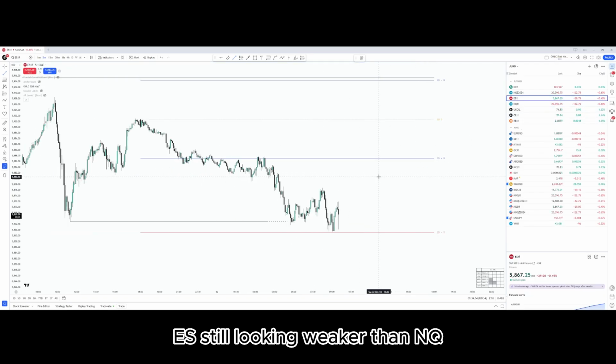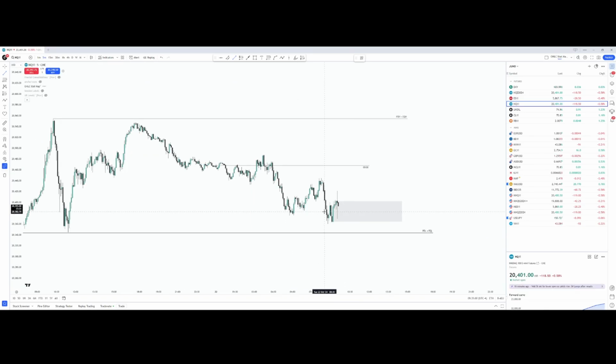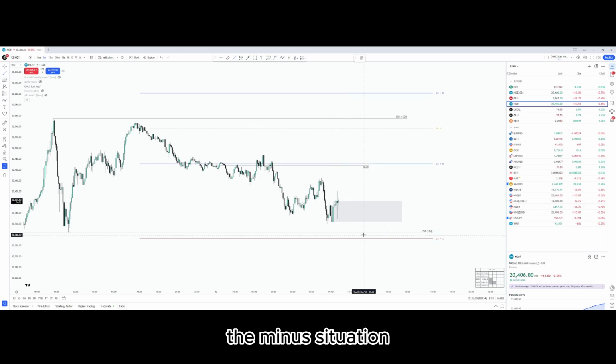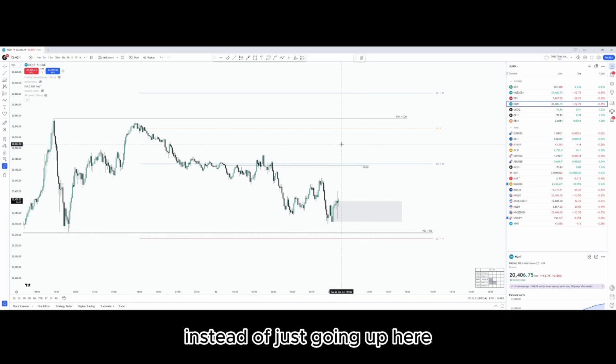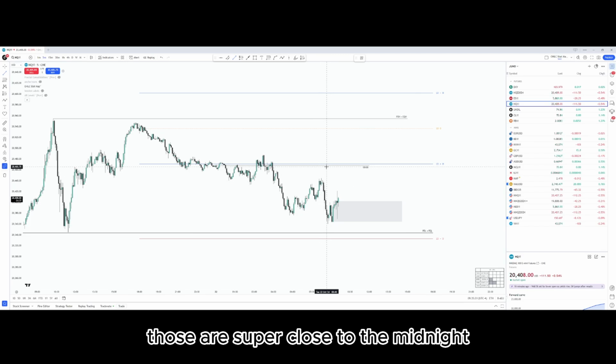Yes, still looking weaker than NQ. I still prefer price to get back into the minus distribution instead of just going up here, because if it starts going up here, I just need to use one of these candles for my breaker, and those are super close to the midnight open.